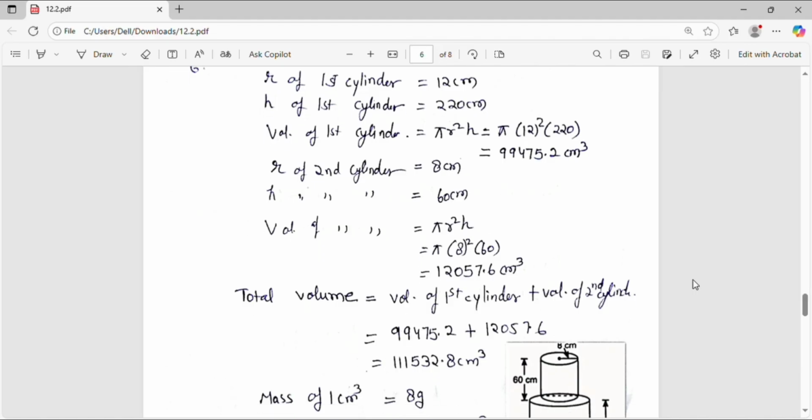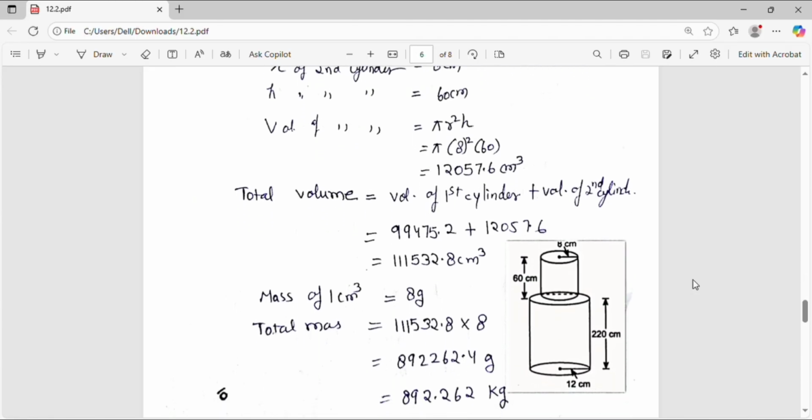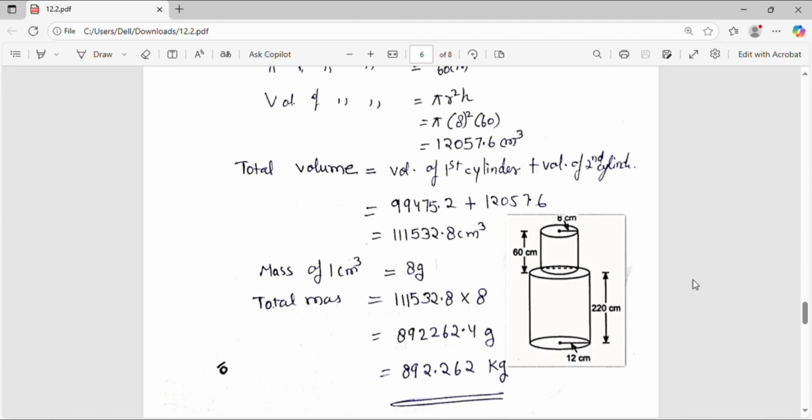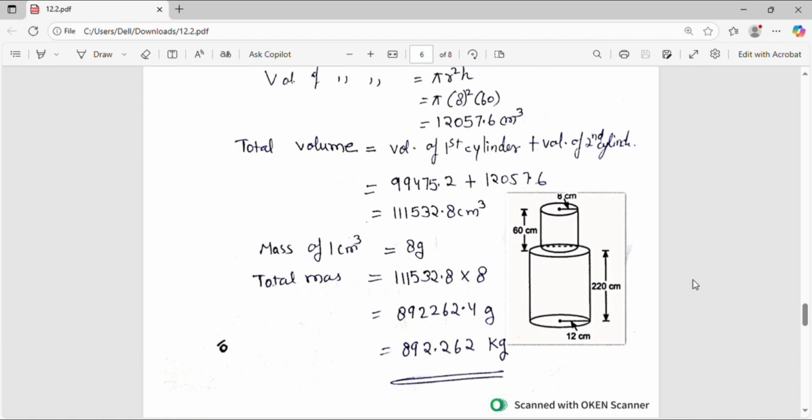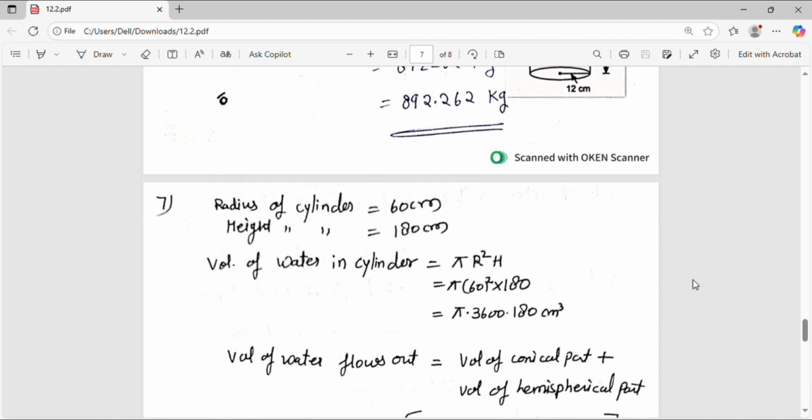And we are given that the mass of 1 centimeter cube is 8 gram. So the volume would be multiplied by 8 and we will get the mass in kilograms as 892.262 kilograms.